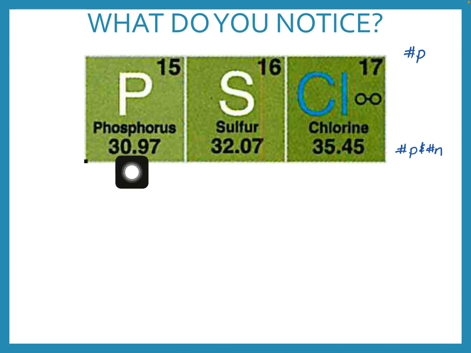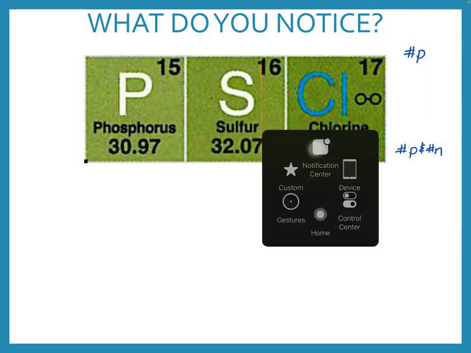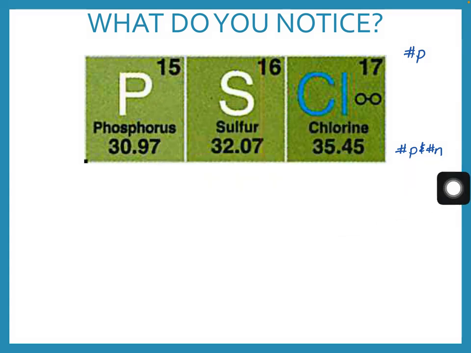The atomic mass, on the other hand, is not a whole number, yet it represents the total number of protons and neutrons, and we're not getting a whole number. And that is because of different isotopes that exist of each element. And so the number that we get for the atomic mass is based on an average that we calculate.